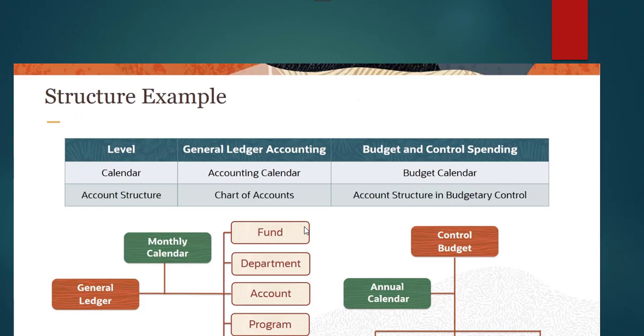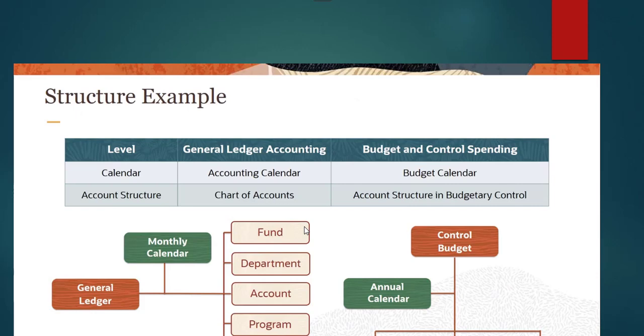So you might choose to just check your funds by fund, department, and account. This is if your organization budgets annually and only controls spending by those 3 segments: funds, departments, and accounts.